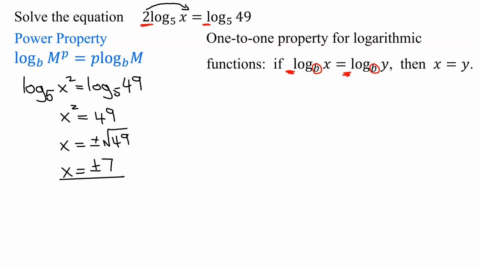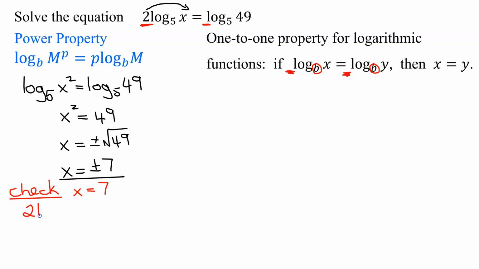Are we done yet? No. We started with a logarithmic equation, so we must check for extraneous solutions. And we do that by plugging our answers into the original equation and make sure all the arguments of the logs are positive numbers. So let's check x equals positive 7.